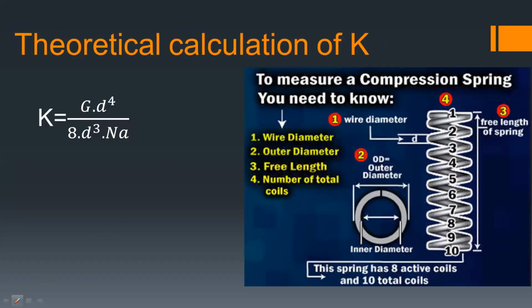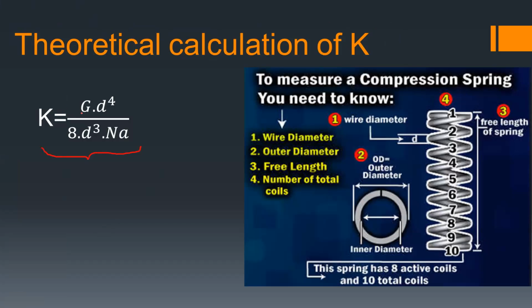So this is the experimental procedure to find out the K value. Even you can calculate the value by theoretical formula. So you can note down this formula if you want to find out the K value theoretically.